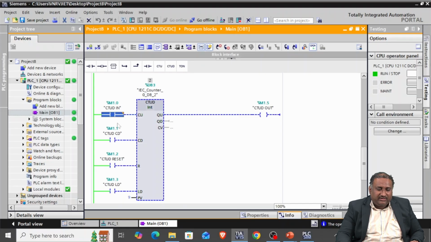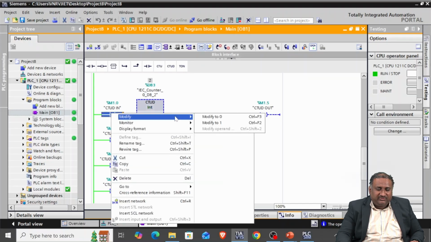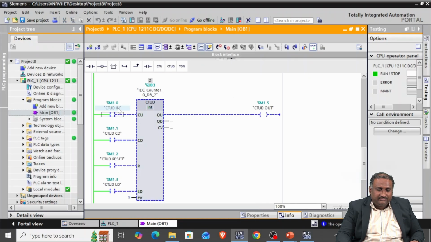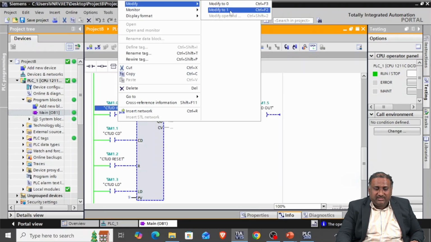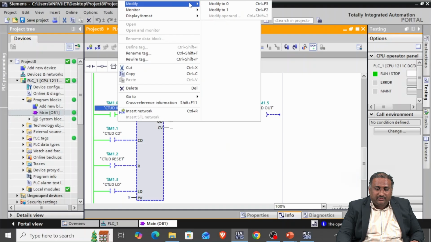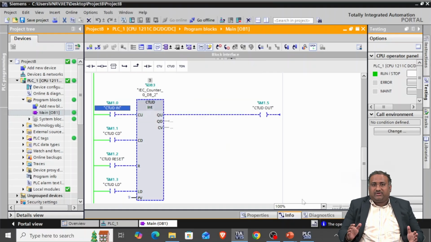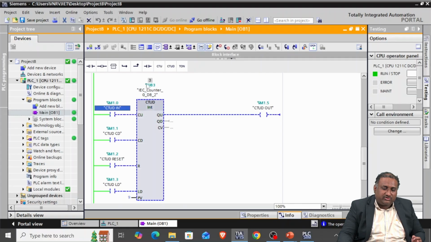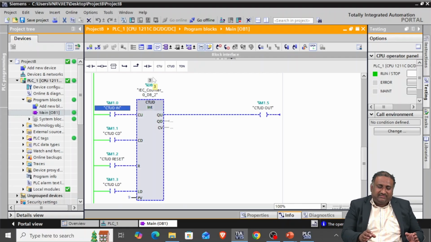Now when another input signal is detected, the cumulative value has become equal to 3. So the total number of items on the conveyor belt is 3. The cumulative value over here shows the total number of items. Let us assume that one item has left the output of our conveyor belt.